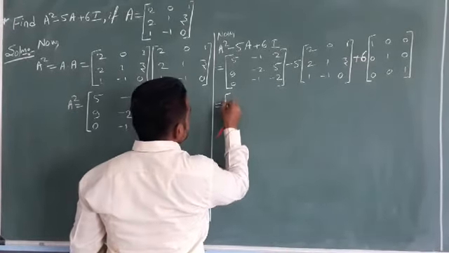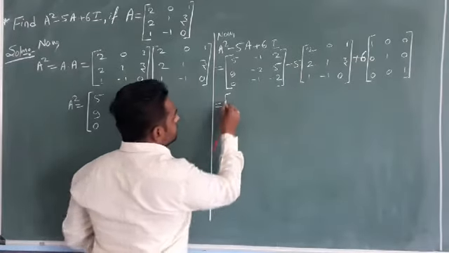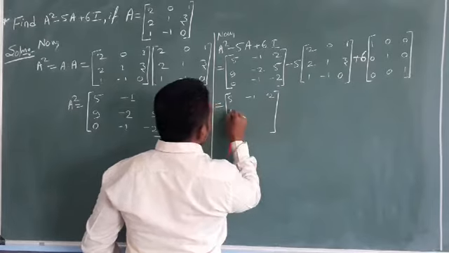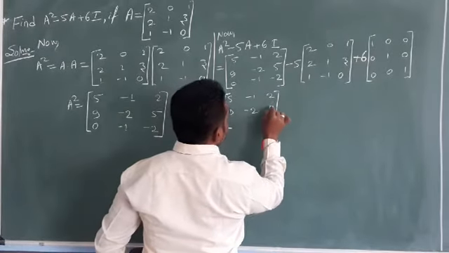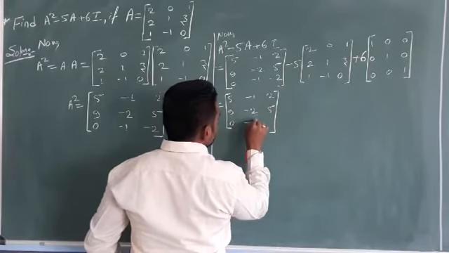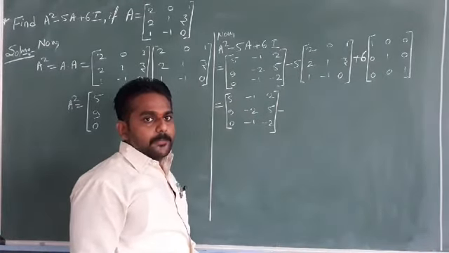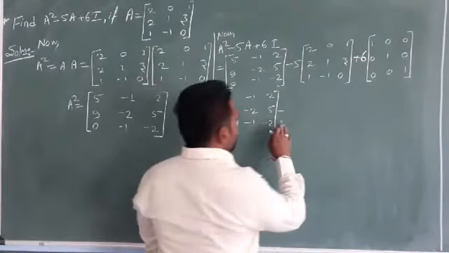Here, writing A square as it is: 5, minus 1, 2; 9, minus 2, 5; 0, minus 1, minus 2. Minus sign keep as it is.